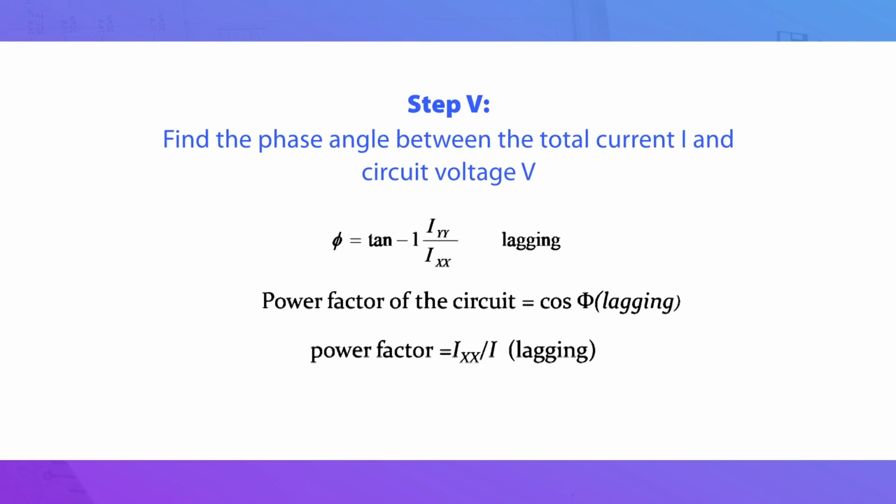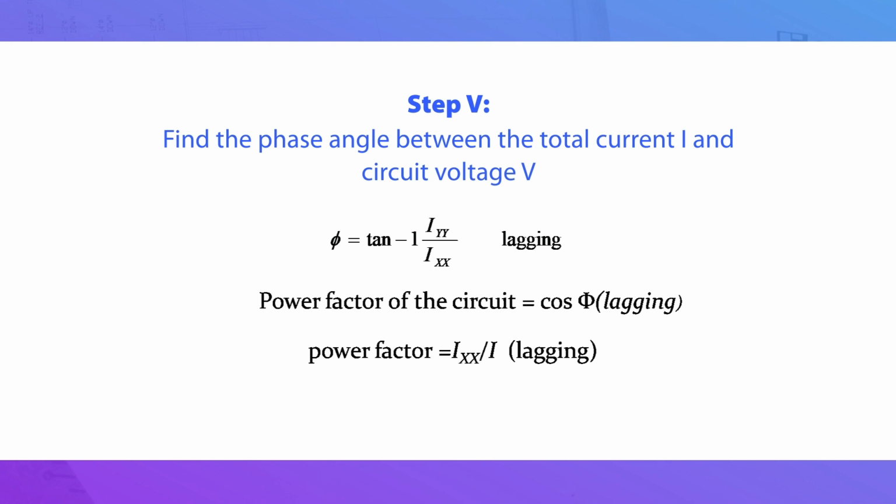Step 5 is what? You have to find the phase angle phi between the total current I and the circuit voltage V. And this phase angle phi can be calculated as phi is equal to tan inverse Iyy upon Ixx. You have already calculated the components Iyy and Ixx.